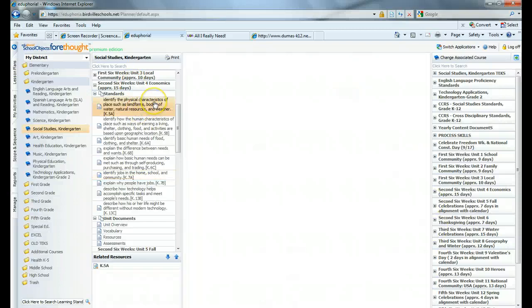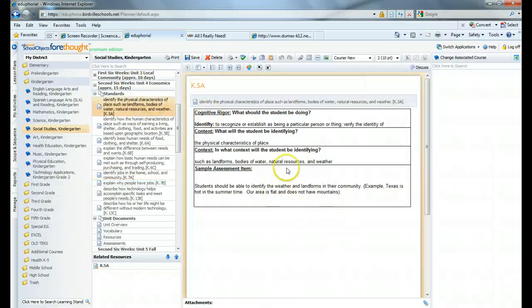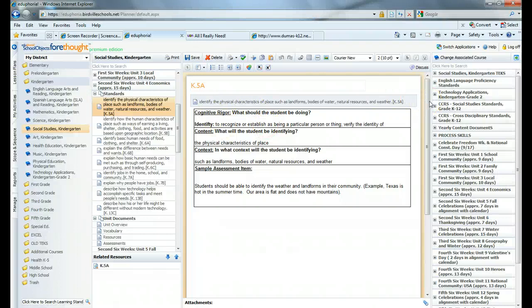Then I've gone back to K.5a, which is where you'll go back to, and this talks to identify the physical characteristics of landforms. Now you might say, April, why are we doing this when we're in an economics unit? But this is strictly because of how it goes along with K.5b.